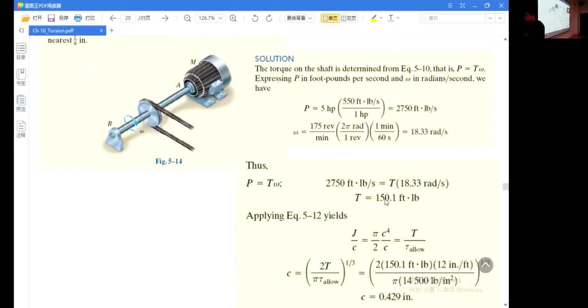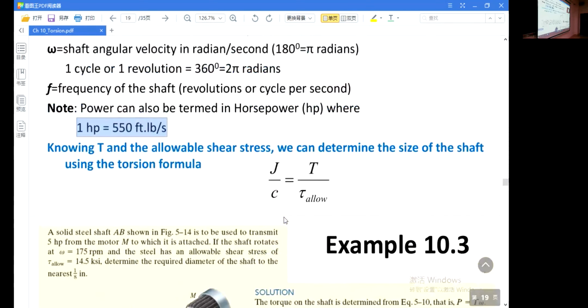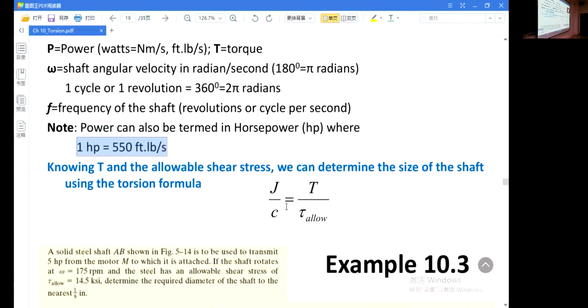After we know the torque, when we design a shaft, the stress must be equal to or less than the allowable stress.